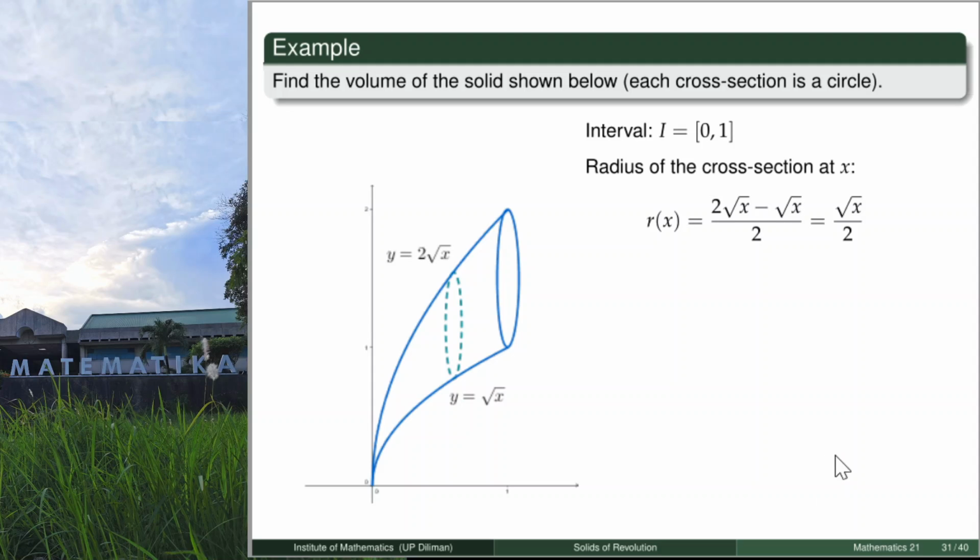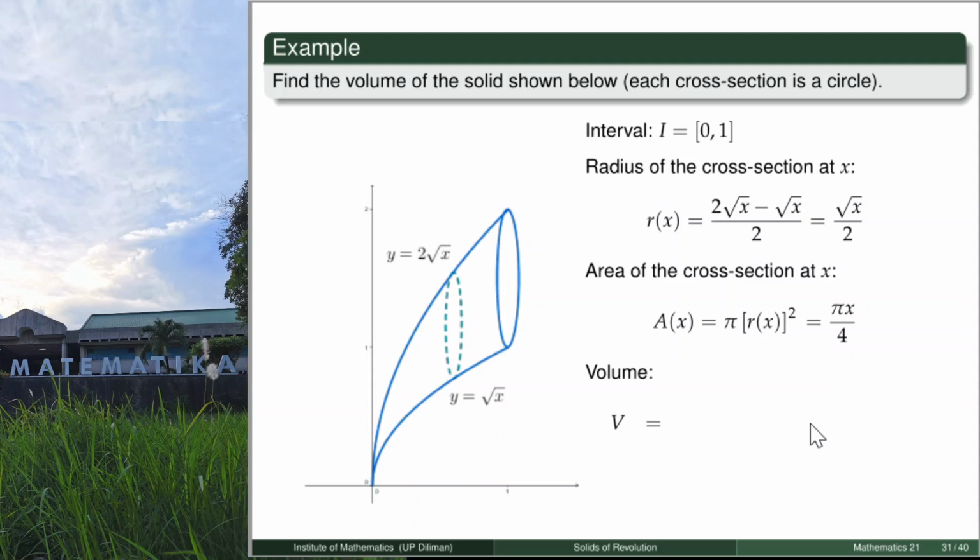So now we have the radius. And thus, the area of the cross-section is just the area of a circle, pi r squared. Plugging that in, we have pi r squared is just pi x over 4. And thus, the formula for the volume by slicing is the integral of the area of cross-section times the thickness of cross-section, which is dx.